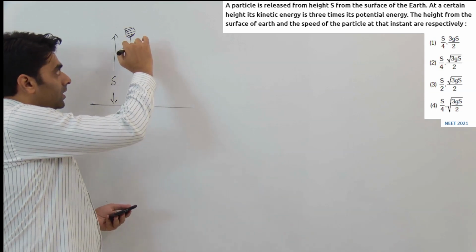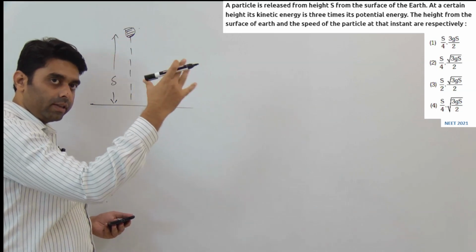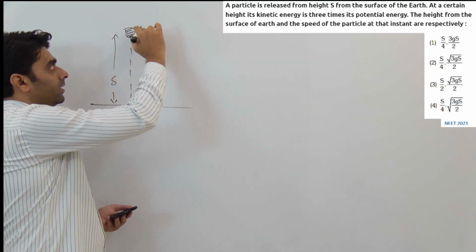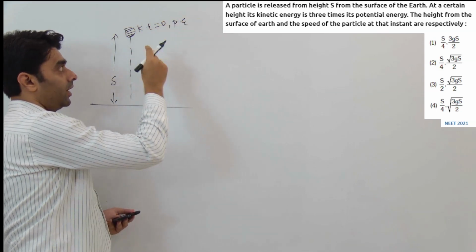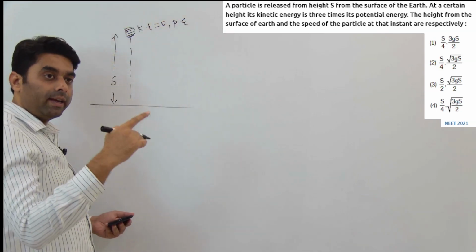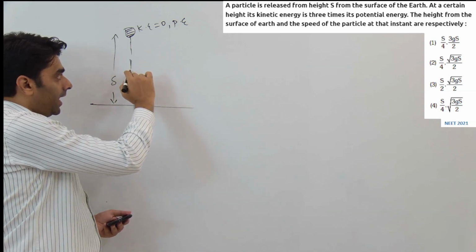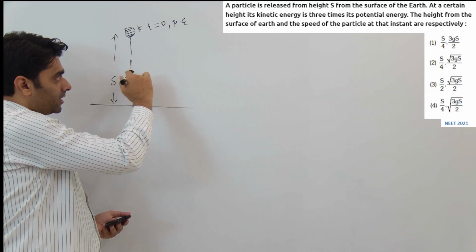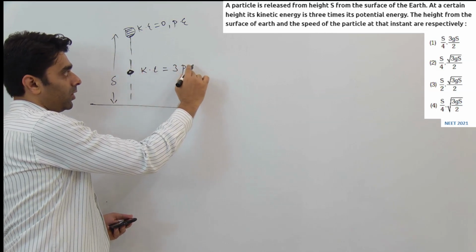Initially, when it is released, the speed is 0, so kinetic energy will be 0. It will only have potential energy. When it falls down, the kinetic energy will start increasing and potential energy will start decreasing. At some point, its kinetic energy becomes 3 times potential energy.